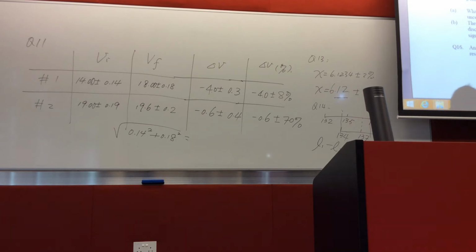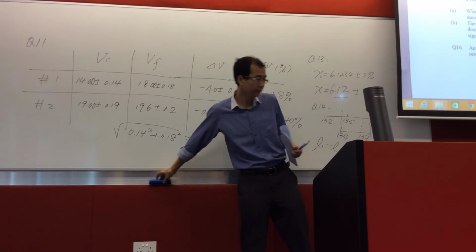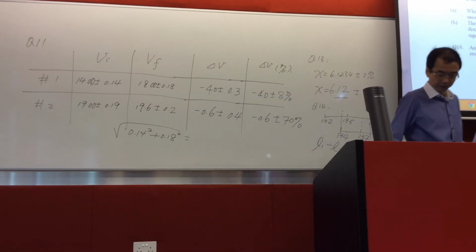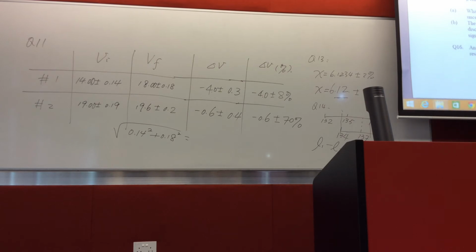Okay, question 15. A student measures the density of a liquid 5 times and gets these results. What would you suggest as the best estimate for the density?